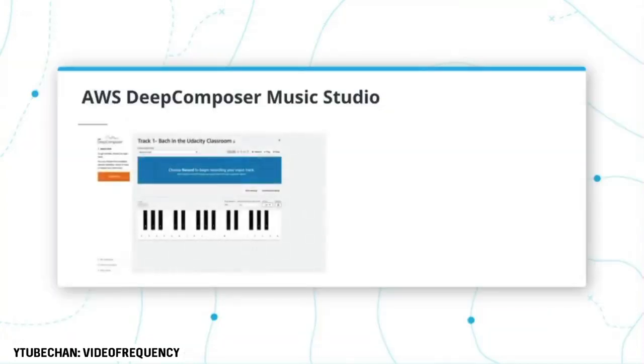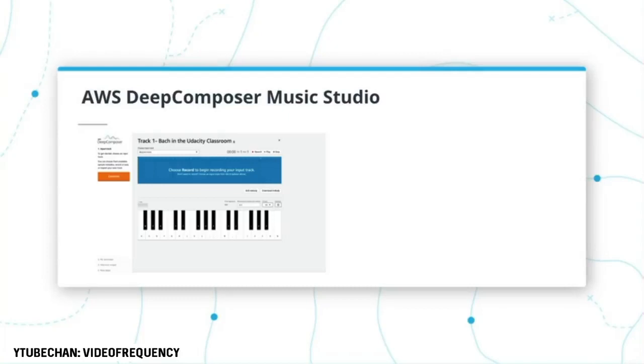AWS DeepComposer is an AWS service offering technical content as well as a music studio for you to learn generative AI by creating music. AWS DeepComposer also offers a keyboard device to make your music creation experience easier. But you don't need the device or knowledge in music to learn generative AI with AWS DeepComposer.